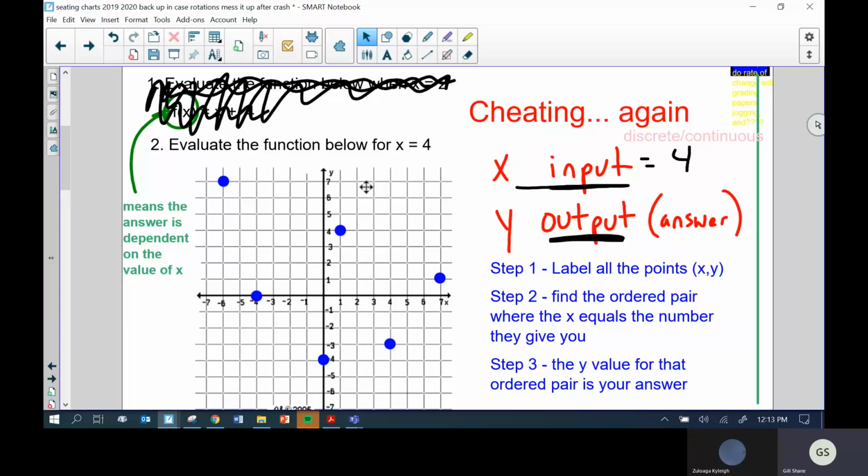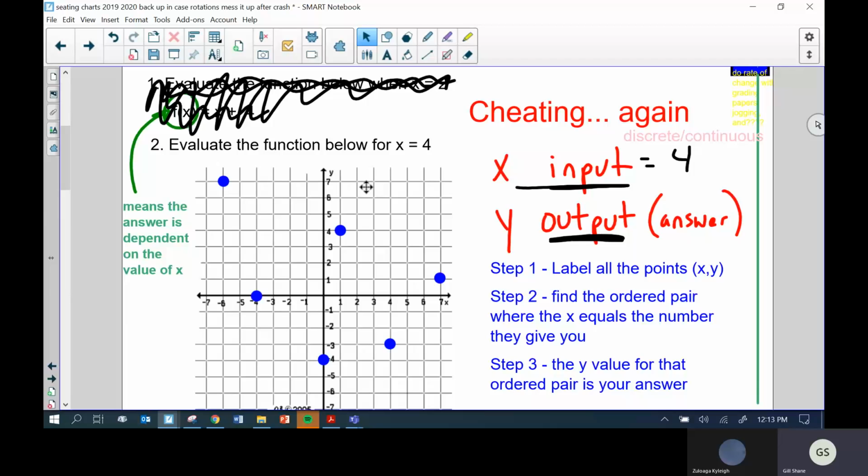So if you want to write down in your notebooks, when you are evaluating a function using a graph, I'll say it a few times. Evaluating, you just drop the E and write ing. When you are evaluating a function using a graph, these are the steps in blue right here.